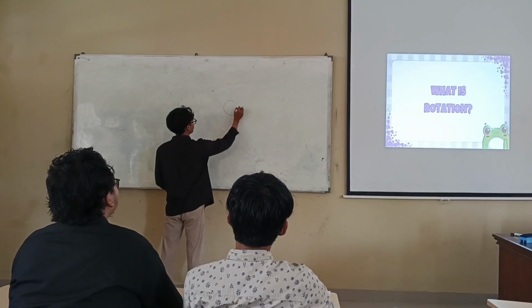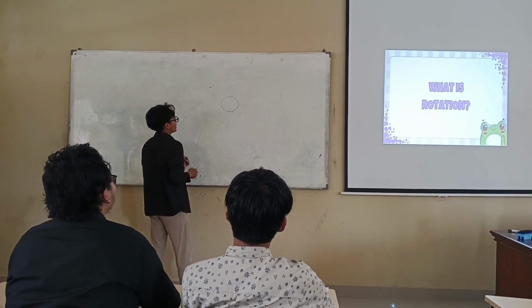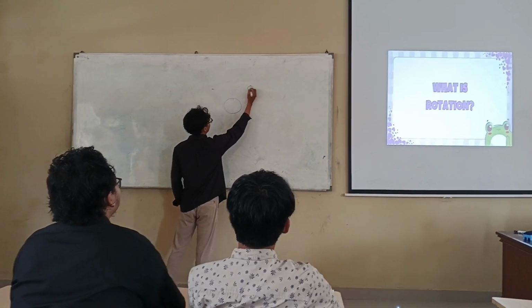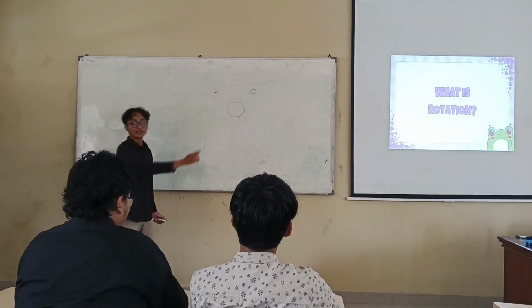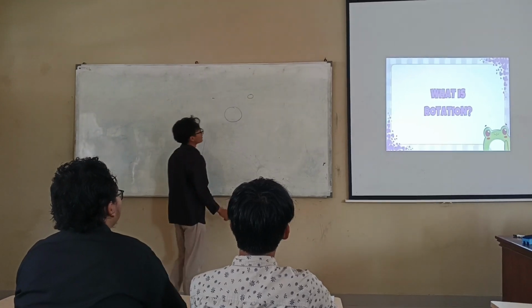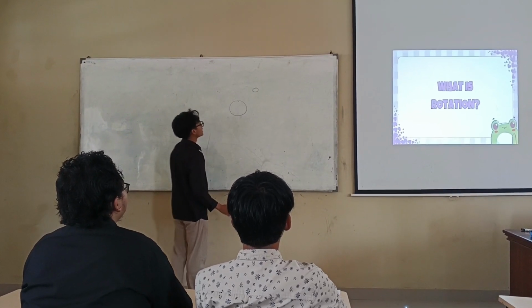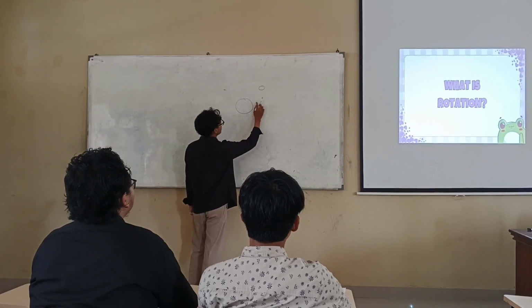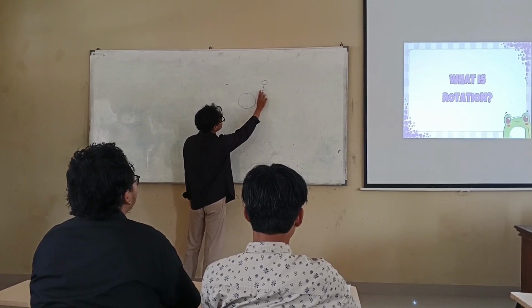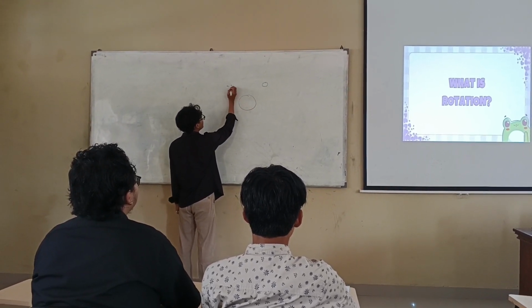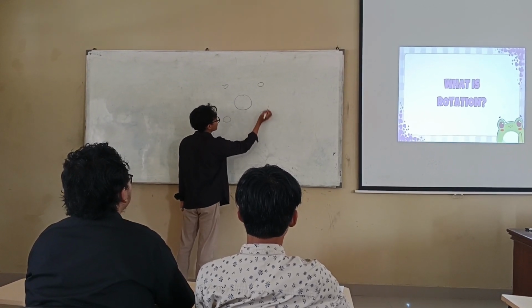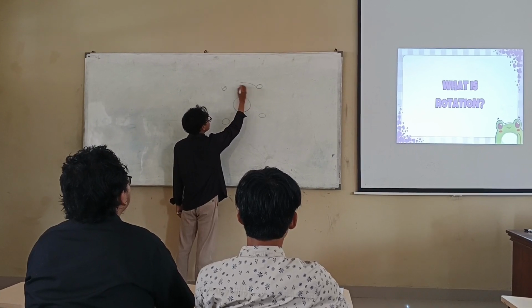Like the moon and the earth. Imagine we have the earth and we have the moon. So the transformation before, we know that it is changing the position of a shape or point. So the moon can change from here to here and here and back to here, but around the earth.